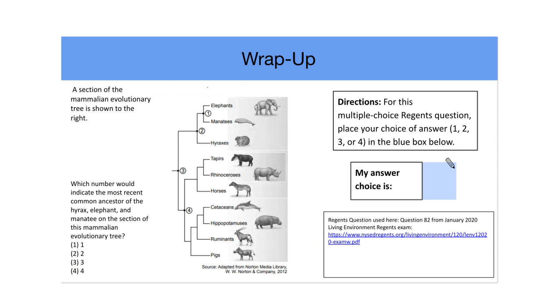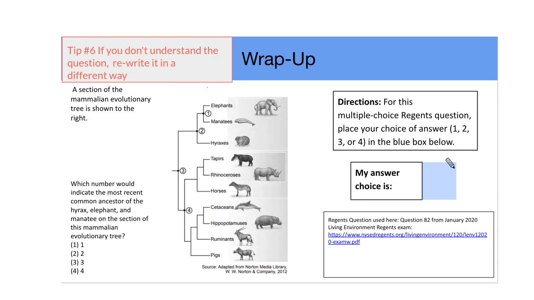Okay, I am going to leave this third question for you to practice, but before I go, let me give you 2 more tips. Tip number 6: if you don't understand the question very well, rewrite the question in a different way. For instance, we can read this question that you have right here. Which number will indicate the most recent common ancestor of the hyrax, elephant, and manatee on the section of this mammalian evolutionary tree? Let's say that I cannot understand very well what the question is asking me for.